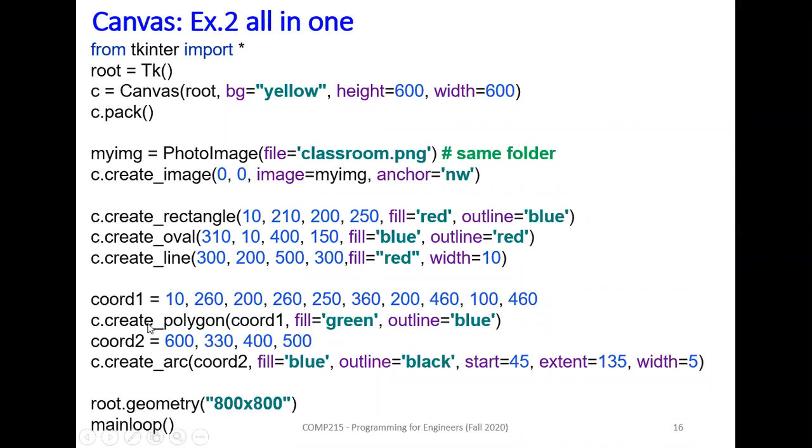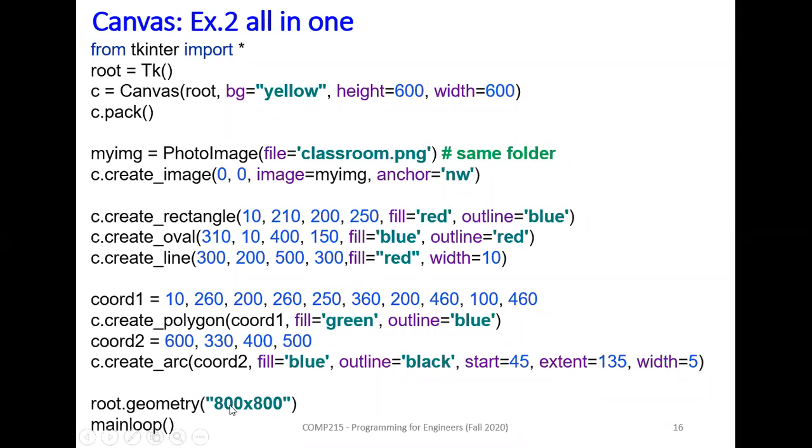And put it inside create_polygon coordinate1. So coordinate1 will be all 5 points here. Fill green, outline blue. The same for arc. Coordinate2 equals 600, 350, first point, second point, and put it here. Coordinate2, fill blue, outline black, start 45, extent 135, width 5.